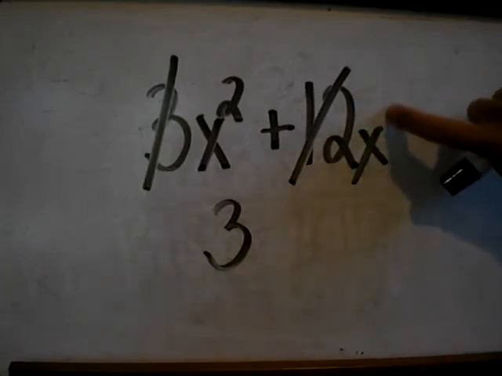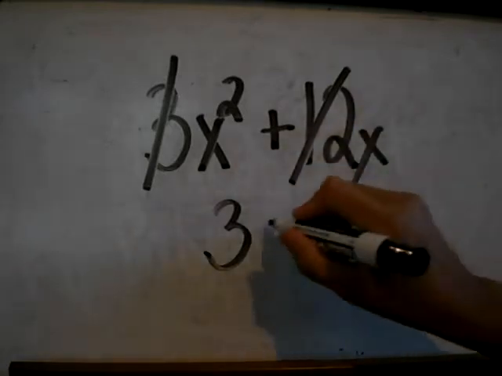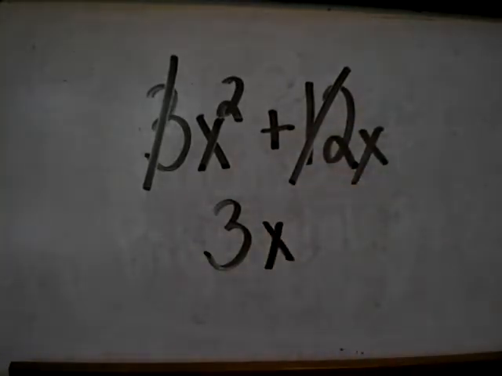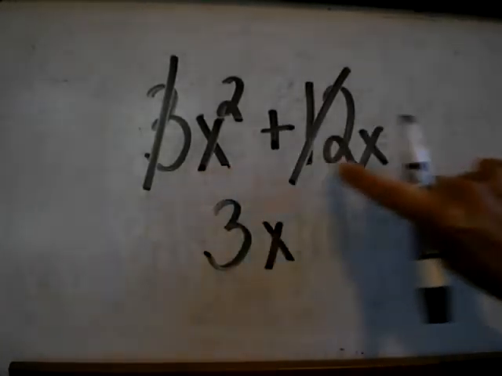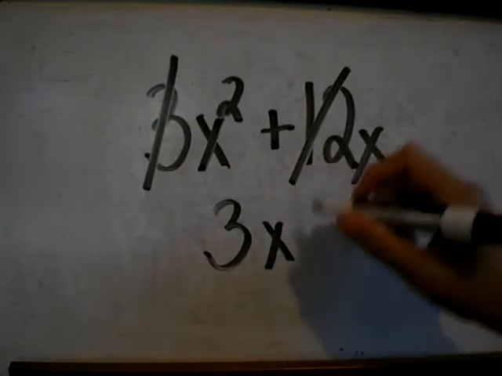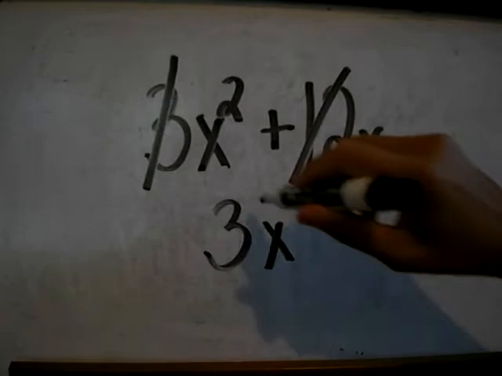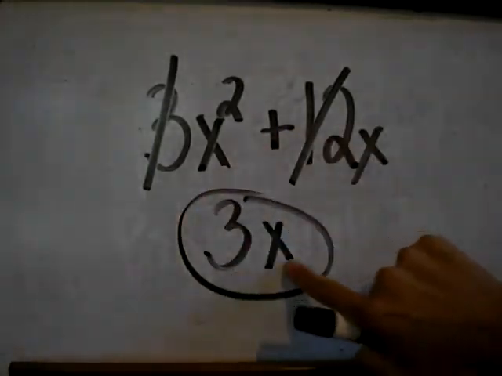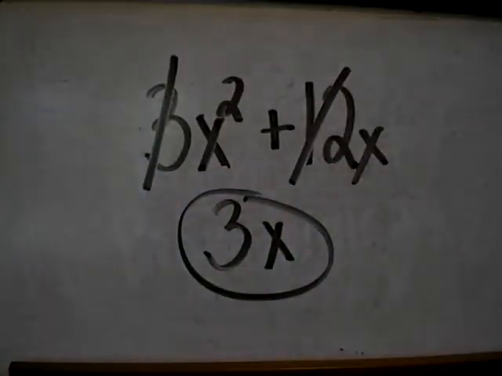So we take the smallest exponent, which is the 1. That means the greatest factor between these two is x, so we found the greatest monomial factor, 3x, but we still have to factor this polynomial.